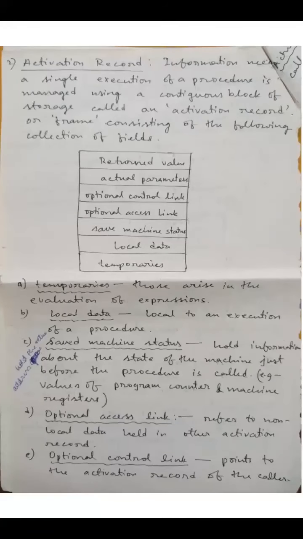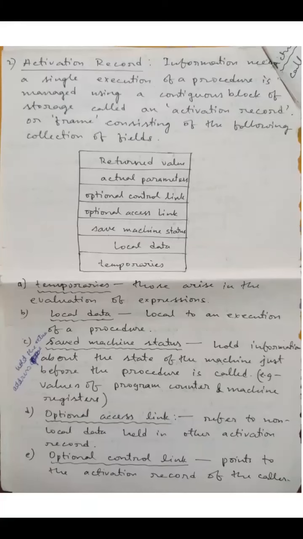What is an activation record? When you are executing a function, at that time you need to keep some record regarding the number of variables, the type of variables a function is using, the type of global variables a function is using, the return address, the address of the called function, and the address of the calling function, the function which has called this function.